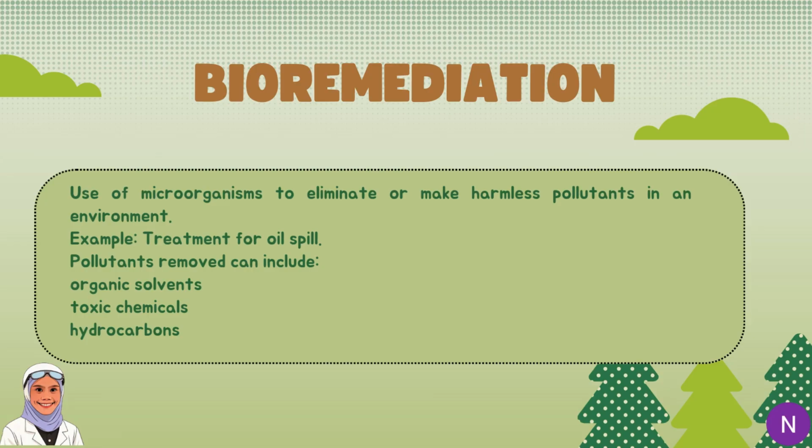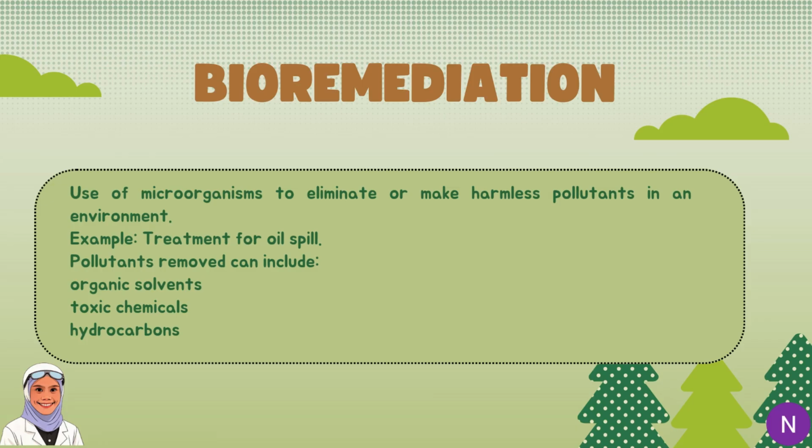Alright. So other than that, in environmental microbiology, or in MIC315, at the back of this chapter, you will also learn about bioremediation. It is the use of microorganisms to eliminate or make harmless pollutants in the environment. Not only in earlier chapters do we understand the interactions between organisms and the functions of microorganisms in ecosystems, throughout we also learn how microorganisms are used for bioremediation.